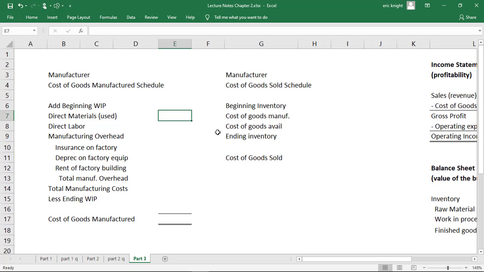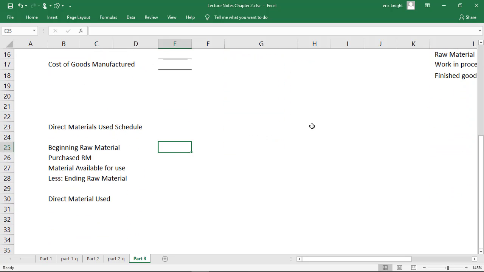So we're going to delete it and start out with the cost of goods manufactured. If you go to the information in the textbook, the beginning work in process was provided for you at 42,000. Then we have the direct materials used. We're going to have to go down and do the schedule for direct materials used. The beginning raw material that we had was 25,000. It says that we purchased 79,000.